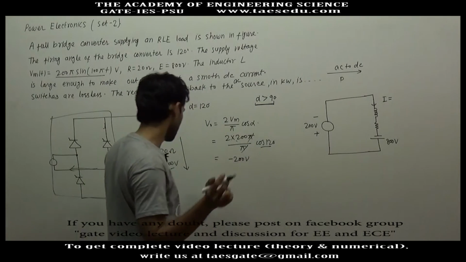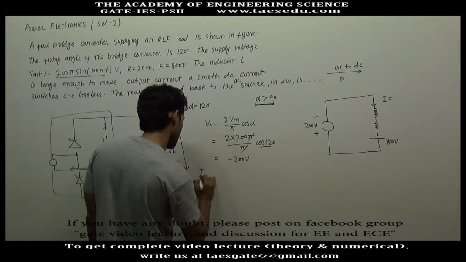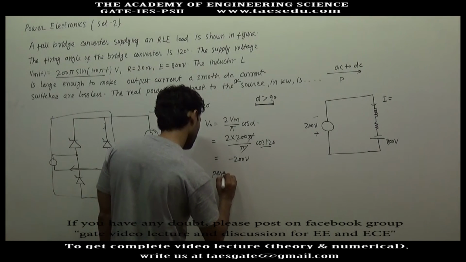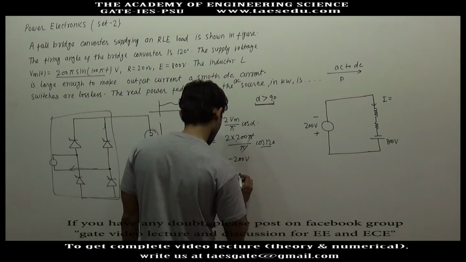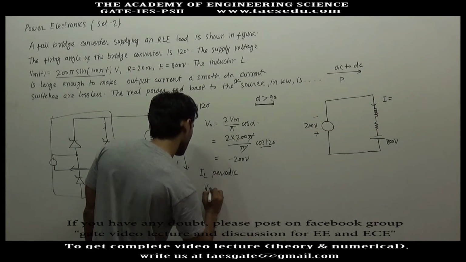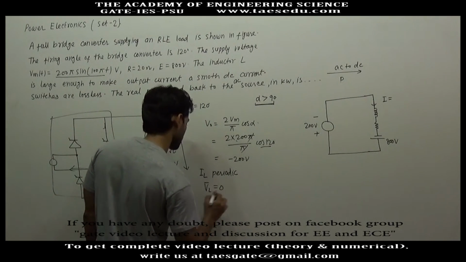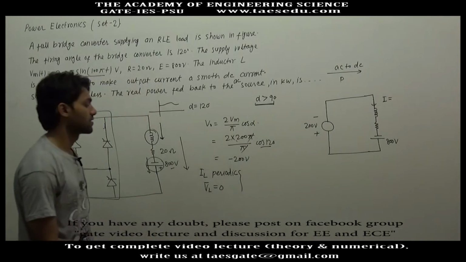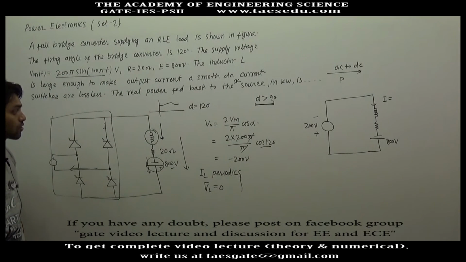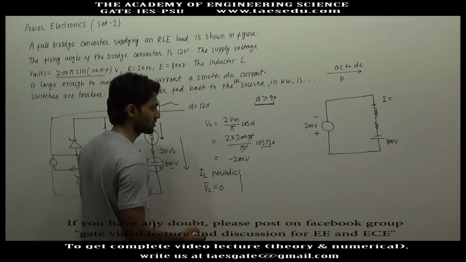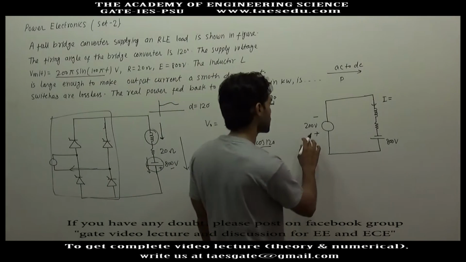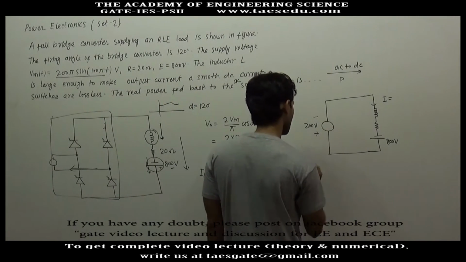We can say that if IL is periodic, this is a very useful concept: if inductor current is periodic, then the average voltage across the inductor will be 0. This is called flux balance, and I have used flux balance throughout the phase control rectifier and chopper circuits.